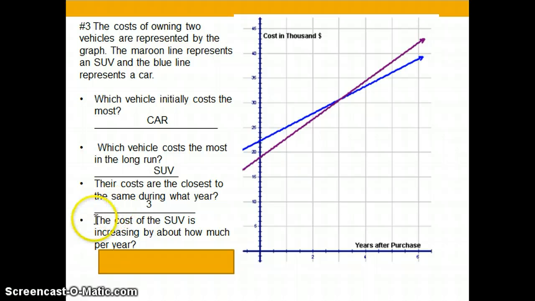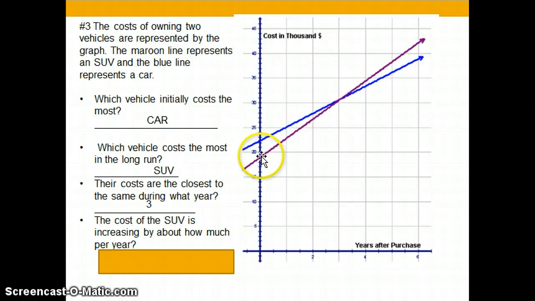Okay, and then finally, the cost of the SUV is increasing by about how much per year? They're asking about the SUV, that's the purple line. So you want to look at what is the cost of the SUV at year 0? And then what is the cost of the SUV at year 1? And then let's subtract those two values.